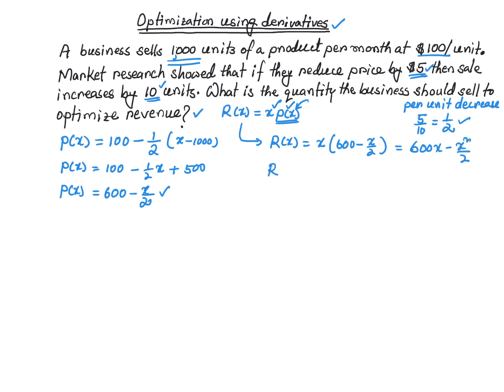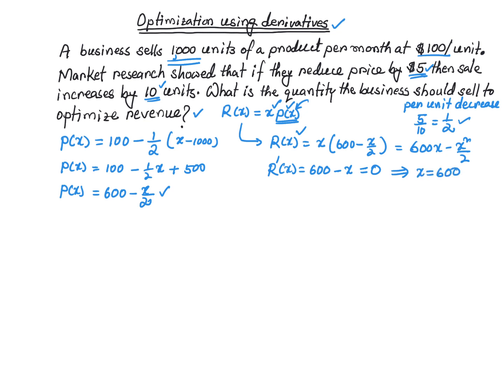So my R prime of x is going to be 600 minus x. Now I need to set it equal to 0. Why set it equal to 0? Because I want to optimize R of x, right? So that implies that my x should be set at 600.